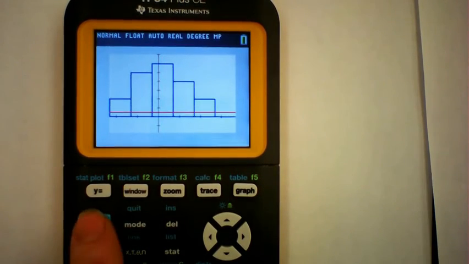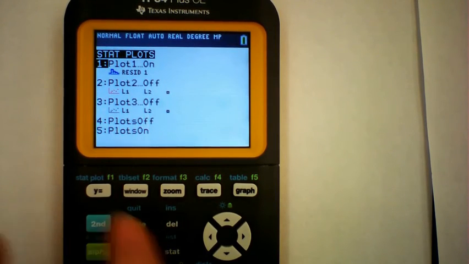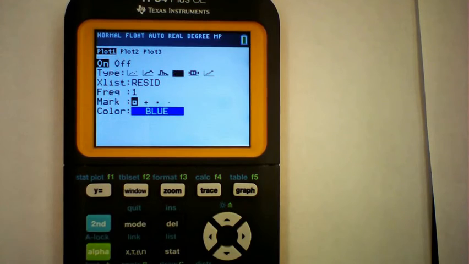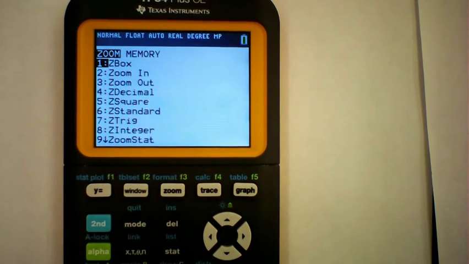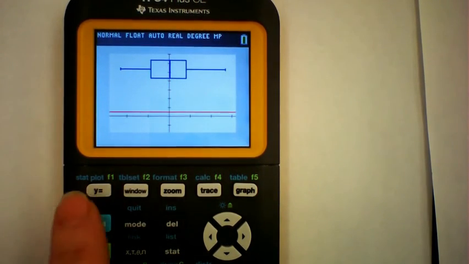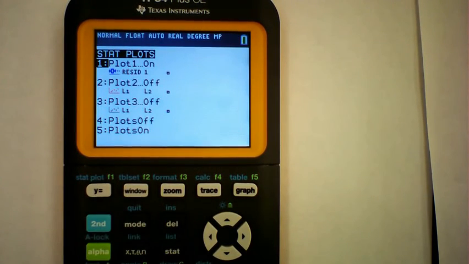Okay, now let's go to the next one. So that was our histogram, but let's go in there and turn it into the box plot just to make sure we don't have any outliers. And zoom 9. Great. No outliers. Now let's go into our stat plot and look at our normal probability plot.